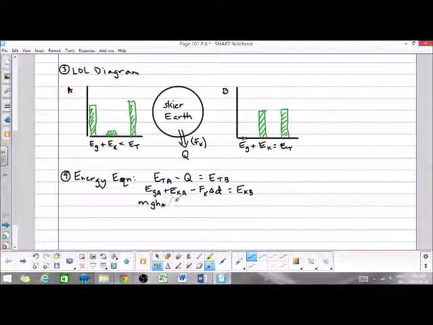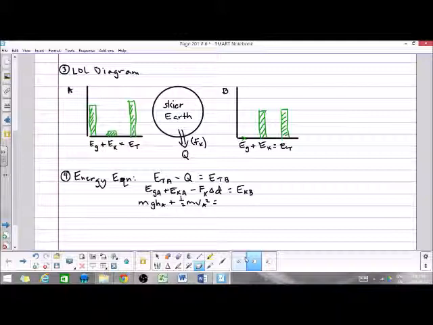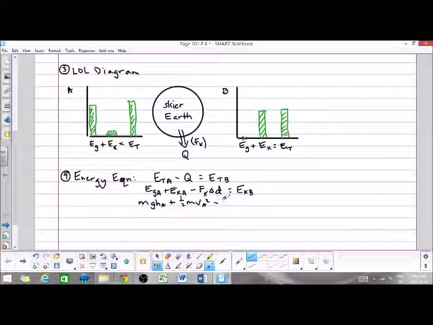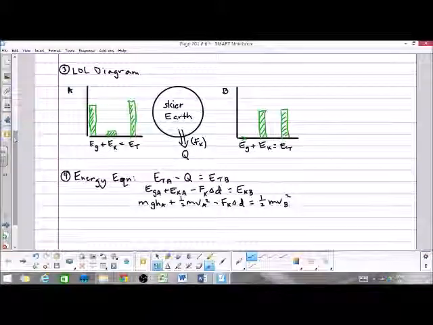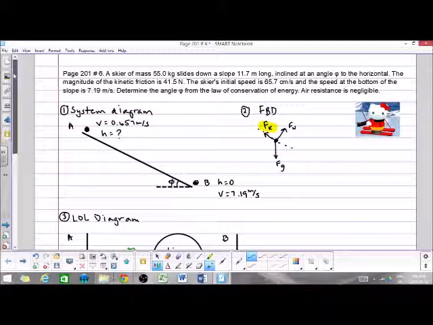And from here it's just a lot of substituting. The mass of the skier, 55 kilograms.